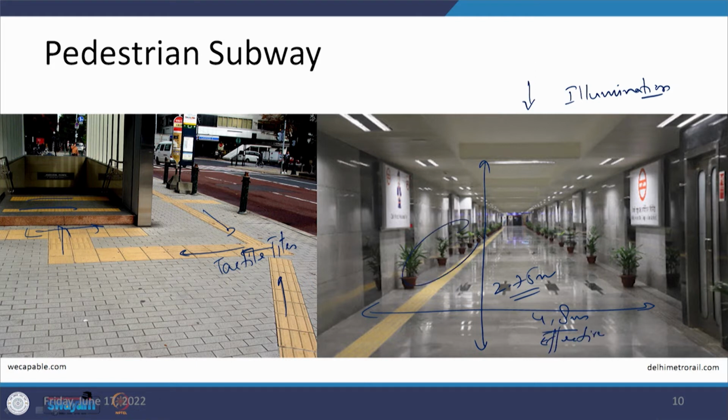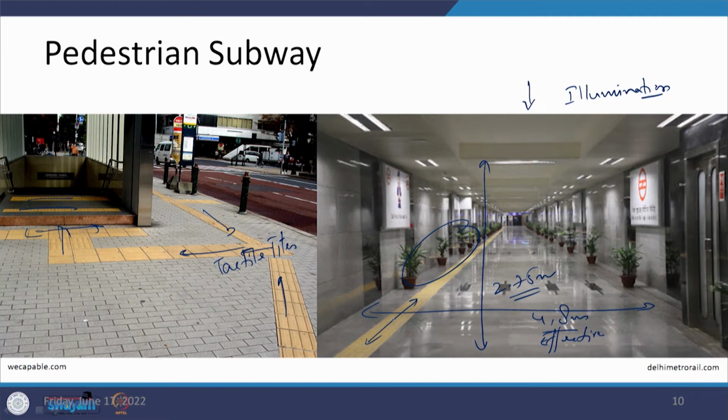So, in this case, as we can see that there are pots being placed, then it should exclude those spaces which are being occupied by them, and then there are tactile tiles which are continuously being provided, say on this side, which guides the disabled people or the visually impaired people to utilize it and take that help to move ahead. Okay, so, these are the things which need to be taken care of, but obviously when this closed conduit system has been provided, then ventilation has to be proper in this one.